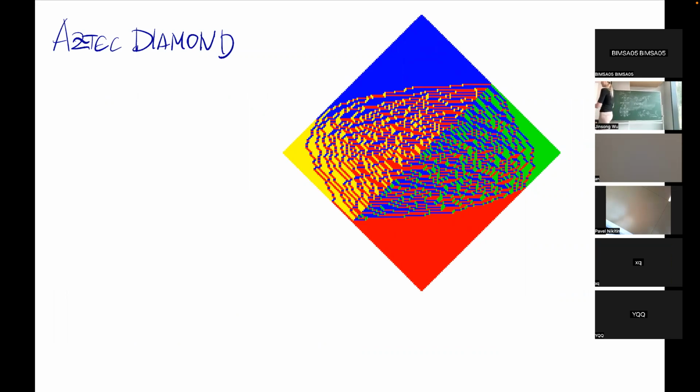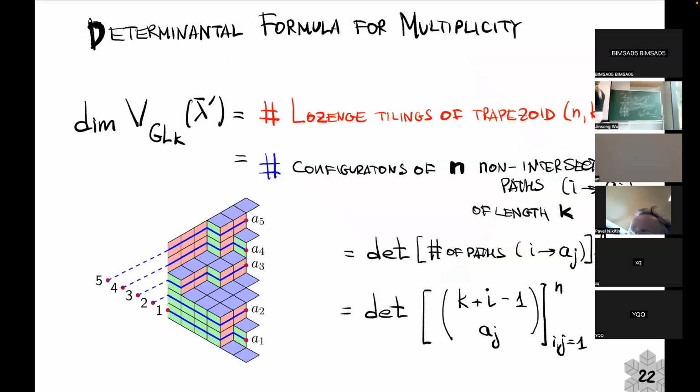So actually we describe the shape of Young diagrams, but that could be reformulated by describing the curve that would appear here in the limit of large size. Now there are just some technical words, because we have understood that our dimension is the number of lozenge tilings of the trapezoid, which can be reformulated as the number of configurations of n non-intersecting paths of length k.